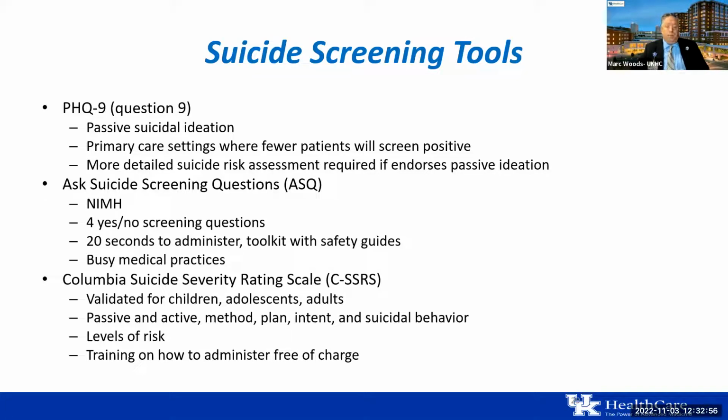It is validated for children, adolescents, and adults. It has ratings for passive and active methods for suicide or thoughts of suicide, the plan, intent, and suicidal behavior. And we do use the levels of risk that the Columbia Suicide Severity Rating Scale suggests as well. And training is free of charge to use this.